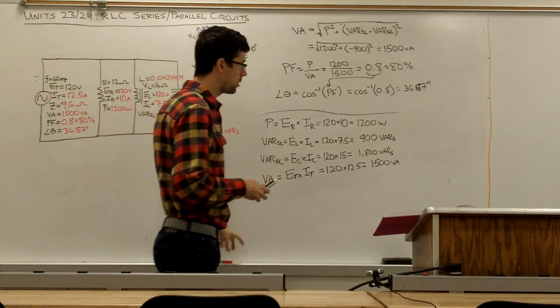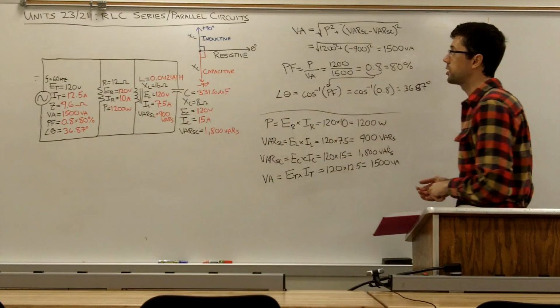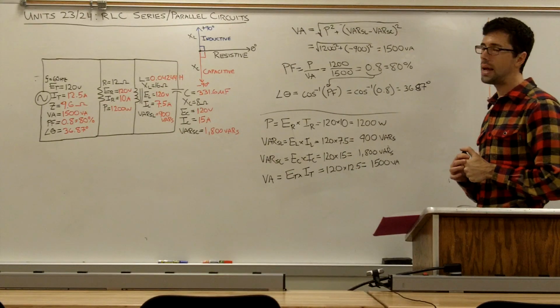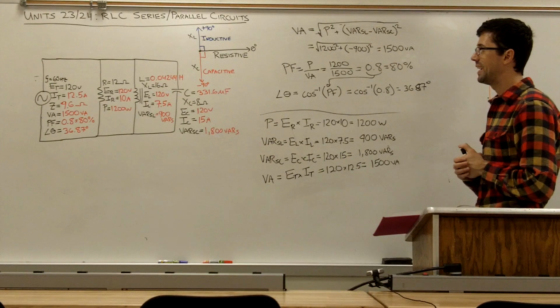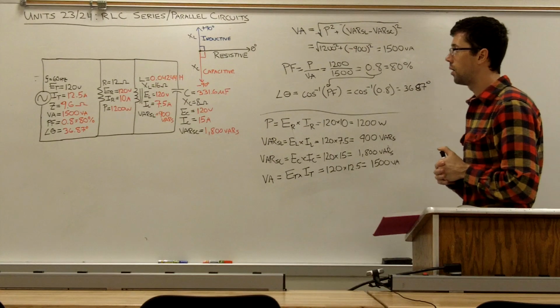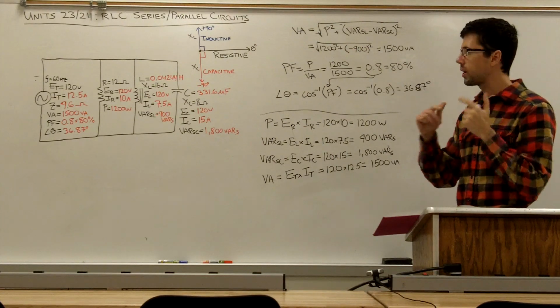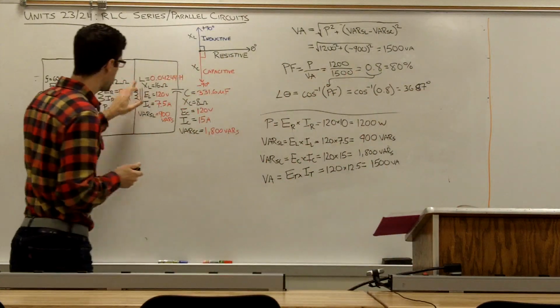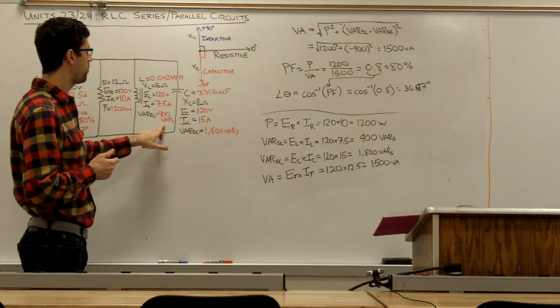And now, technically, we should also state, is the power factor lagging or leading? If it's more inductive, it is lagging. If it is more capacitive, it is leading. The easy way to find this out is looking at the reactive powers of each reactive component. The inductor has a reactive power of 900 bars.